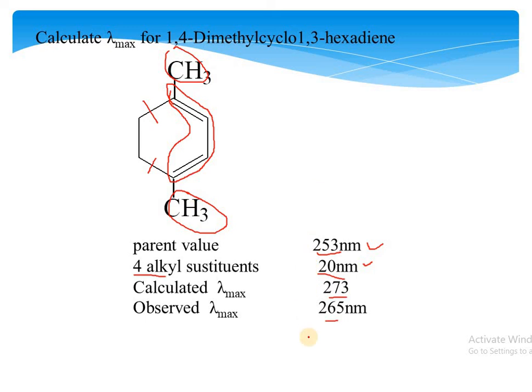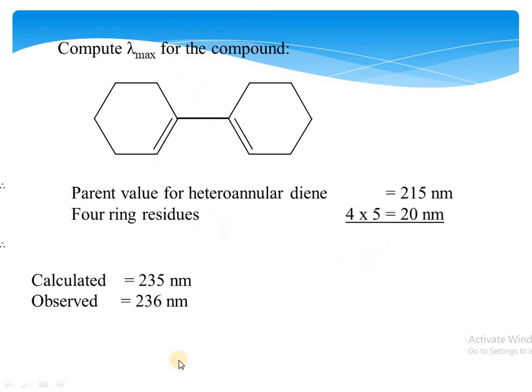Similarly we can calculate these values for other molecules. Next, let us take up another example. In this example again there are two double bonds, but they are present in different rings, so this is a heteroannular diene.